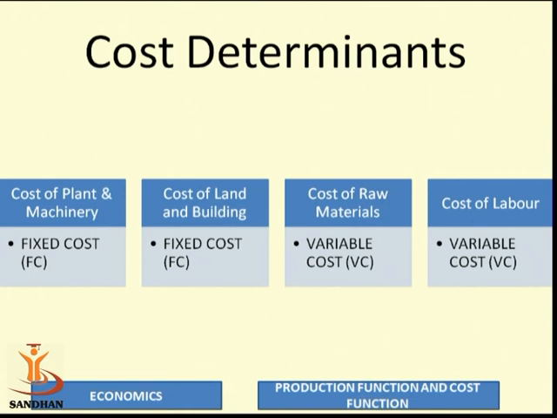So we can call them fixed cost. The second two are the expenditure incurred in the variable inputs. So we can call them variable cost. These variable costs change according to changes in the output in the short run. But in the short run, the fixed cost remains constant.